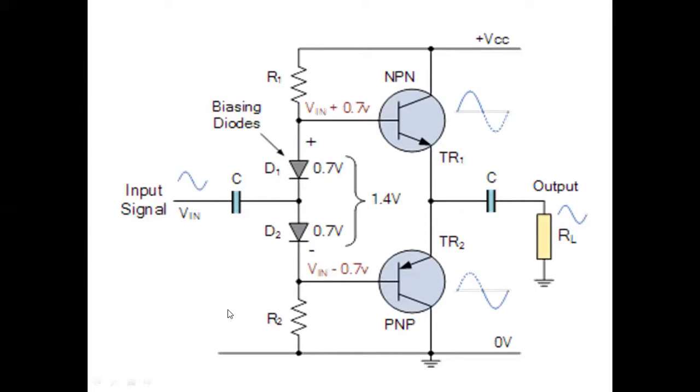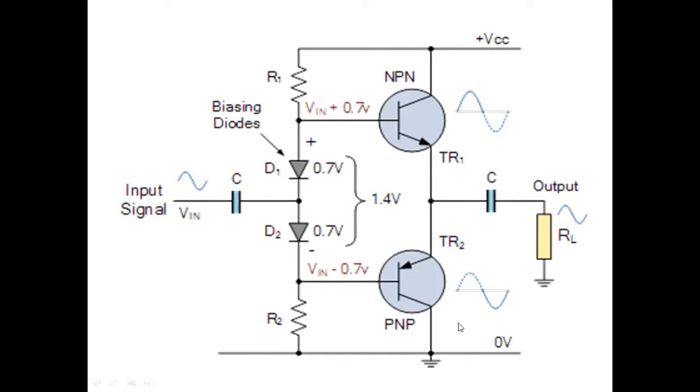The structure is the same as that of the complementary symmetry power amplifier, but here we are adding some more components, making some modifications to that amplifier. We are using diodes D1 and D2 and resistances R1 and R2.